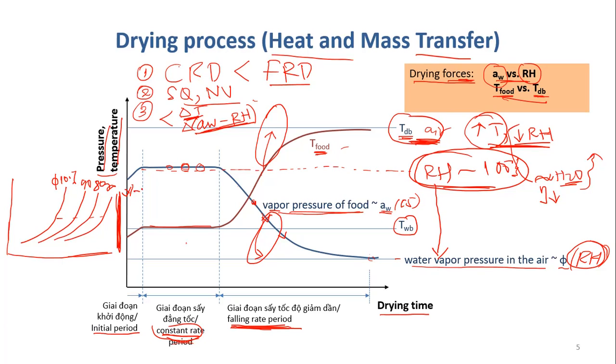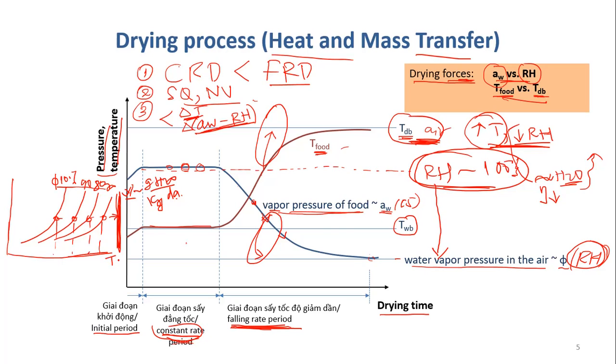Absolute humidity means the gram of water per kilogram of dry air. Okay, how many grams of water there are in the dry air? That's absolute humidity. One absolute humidity value can have different relative humidity depending on the difference in the temperature.